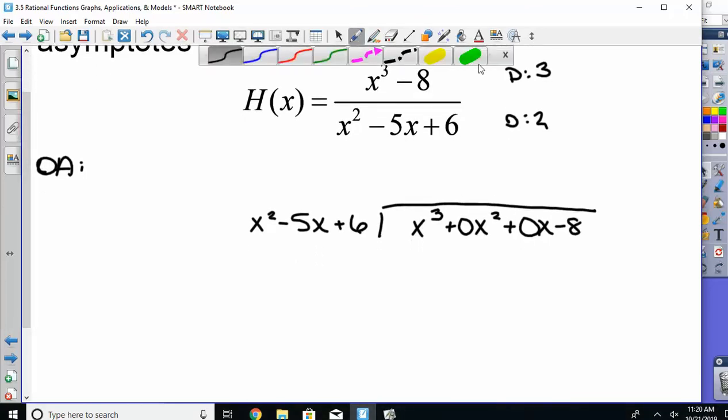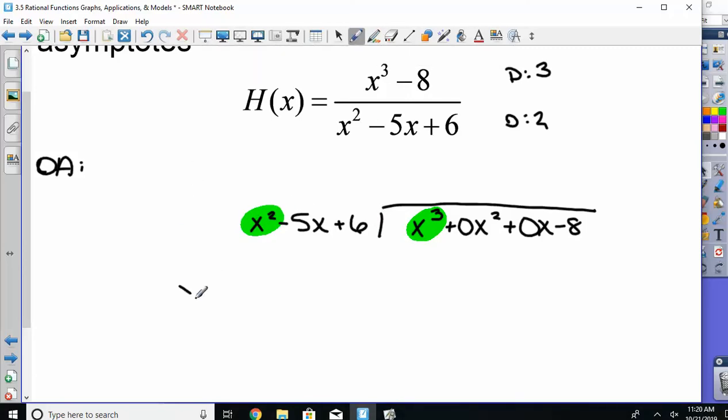Start by dividing the leading coefficients. X cubed divided by x squared is x. x cubed over x squared just turns into x. Multiply, so x times x squared, x times 5x, x times 6.